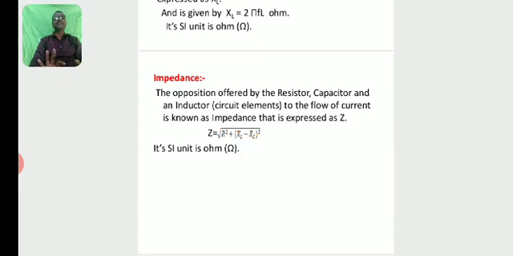If the circuit contains all three basic components, a resistor, capacitor, and inductor, then the opposition offered by the circuit elements to the flow of electric current is known as impedance, which is expressed as Z. Then Z is equal to root of R square plus XL minus XC whole square. Its SI unit is ohm.